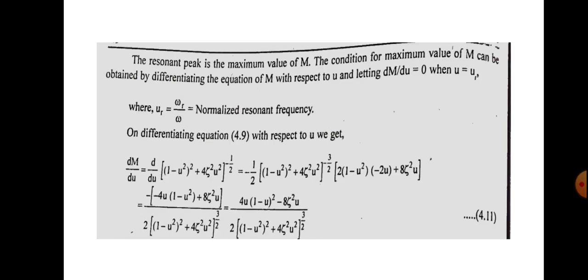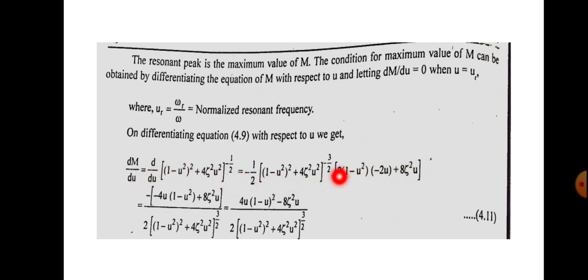If we take the first derivative of that equation M, that is dM by du, that means d by du of (1 minus u square) all square plus (2 epsilon u) square, all raised to minus 1 by 2. This is the equation. And if we take the first derivative, we will get different terms.